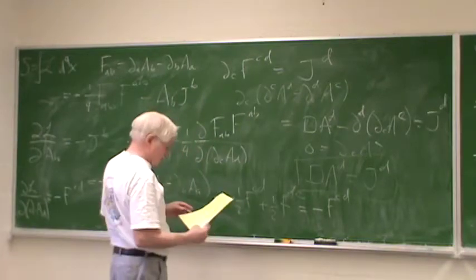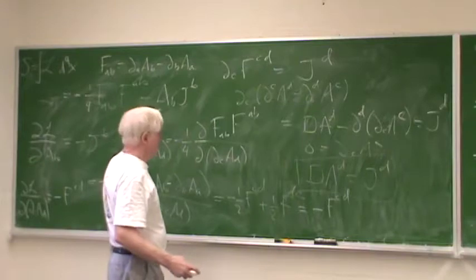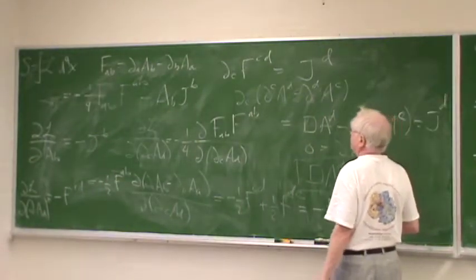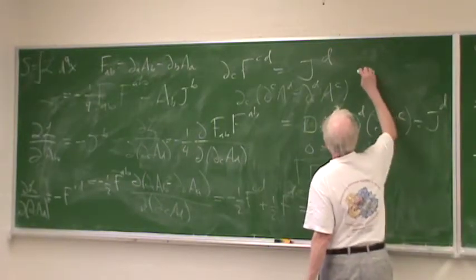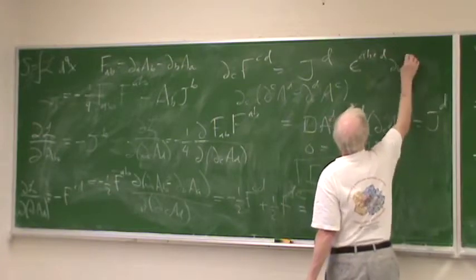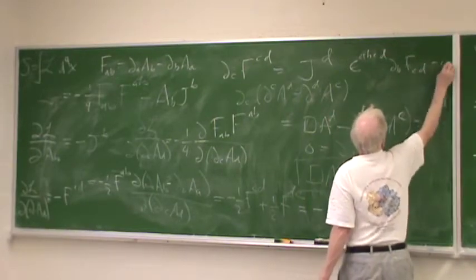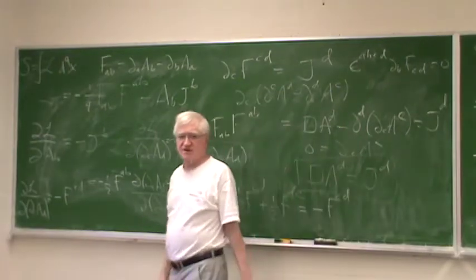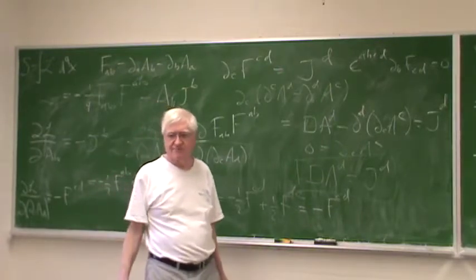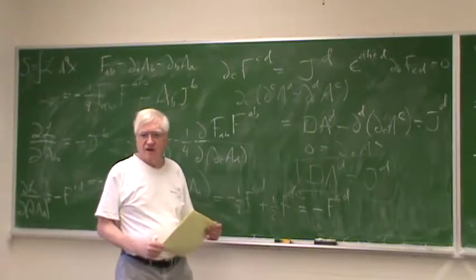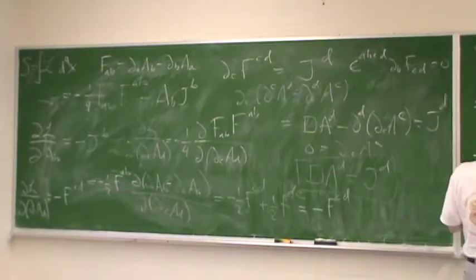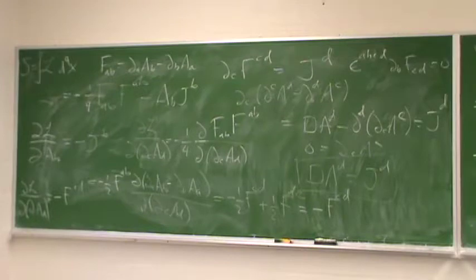The homogeneous ones I unfortunately didn't write down, but I think we can write them down as something like this: epsilon A, B, C, D, dB, F, C, D is 0, where epsilon is a four-dimensional, totally antisymmetric quantity. So those are the homogeneous equations.